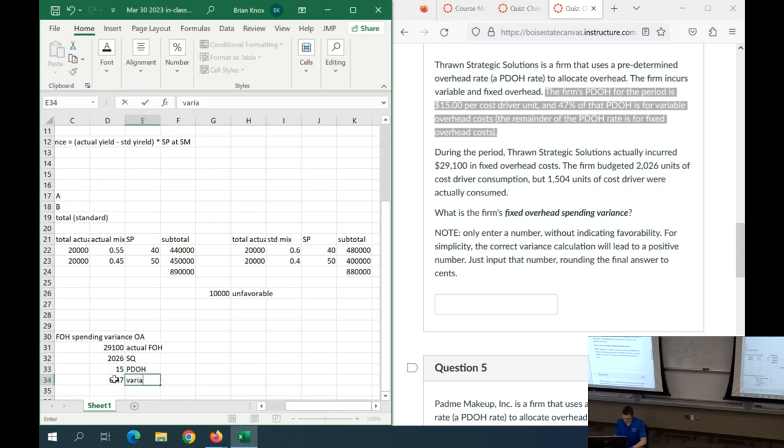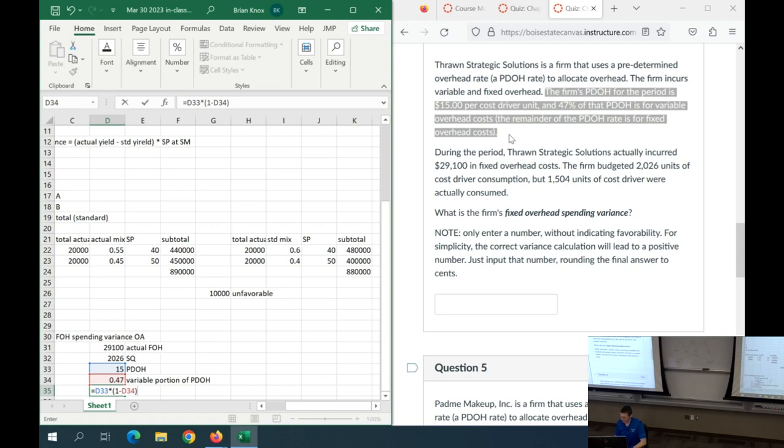47% is our variable portion of the PDOH. And so that 15 times 1 minus that amount, or 53%, because 53% must be the fixed overhead amount based on this parenthetical right here. If 47% is the variable, then the remaining 53% is the fixed.